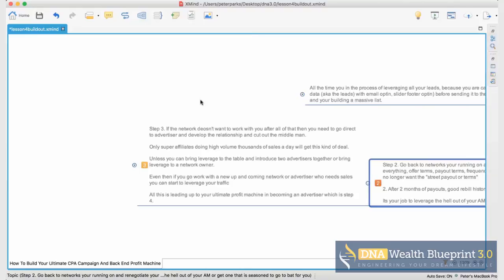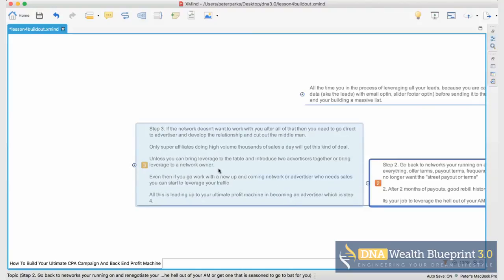The advertiser may be slow to pay you. So there's a couple different things that you need to get straightened out if you're going to work exclusively with the advertiser, right? This only works for super affiliates that are doing high volume. When I'm talking thousands of sales a day, they'll get this type of deal. Thousands of leads a day, that kind of stuff, we'll get that done.